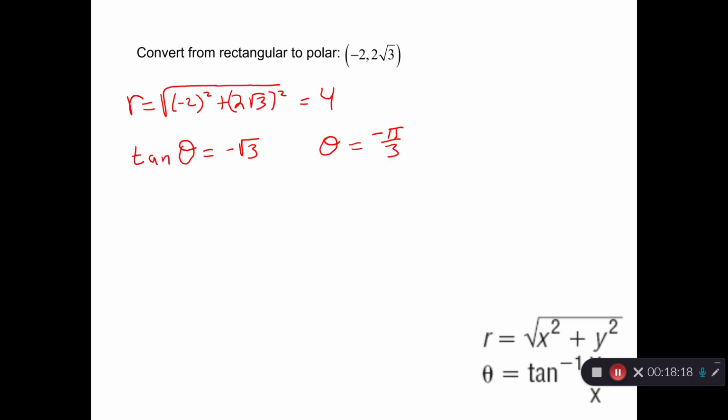The key is, this is going to bring us into quadrant 4. However, our point was in quadrant 2, right? This point up here. So I need to, once again, add pi to get myself into the right spot. So my actual final answer would be 4 comma 2 pi over 3.